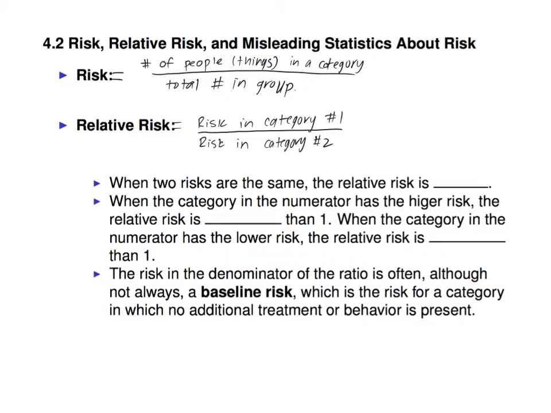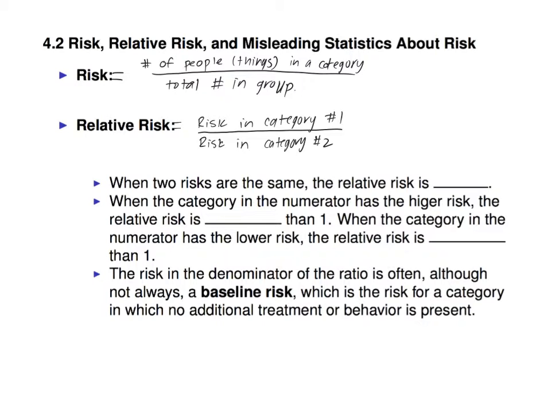This would come up in a phrase such as, men are twice as likely to get a speeding ticket. For example, you find the risk that men get speeding tickets divided by the risk that women get speeding tickets, and if that thing is like 2, it means men are twice as likely to get a speeding ticket as women. Or, you know, people in a red car, for example, something like that.